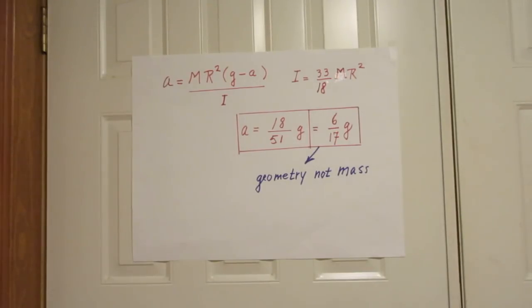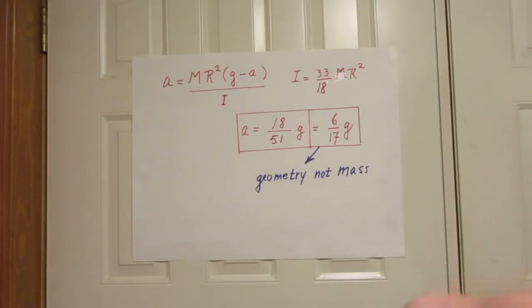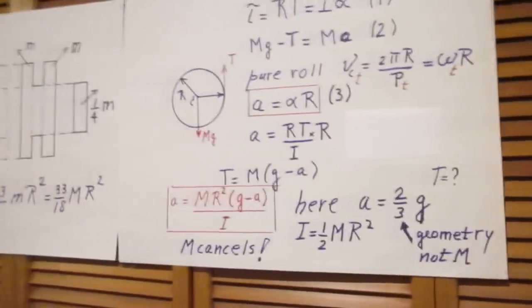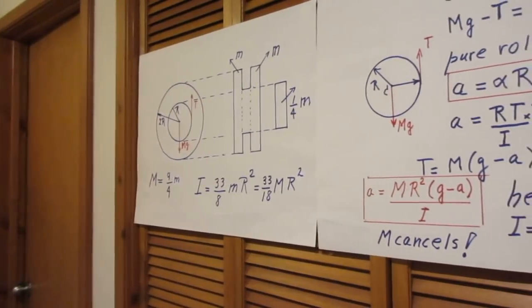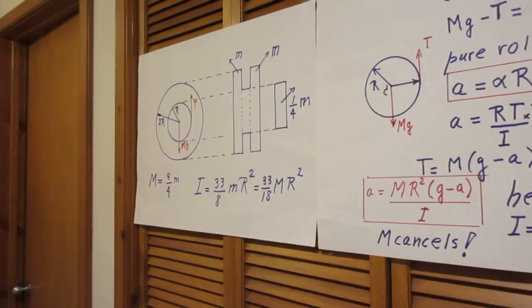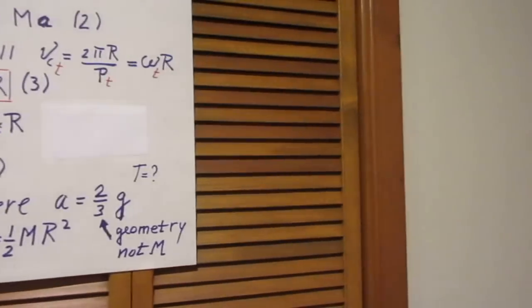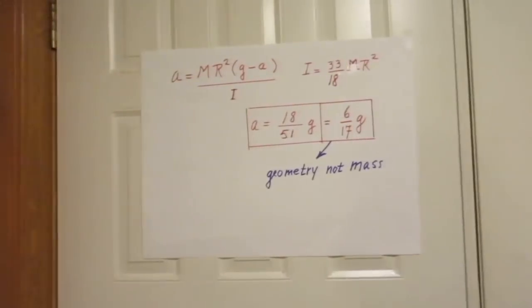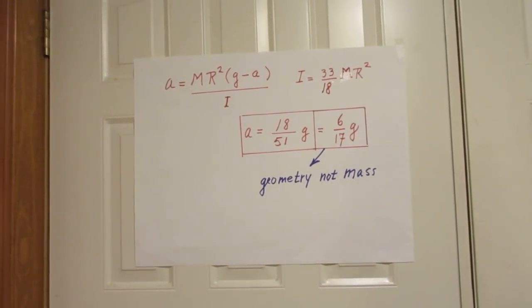Well, if you remember what I was when we calculated it for the yo-yo, maybe I can show it to you. You see it's in the right hand corner of the first piece of paper. It is 33/18 mr squared.